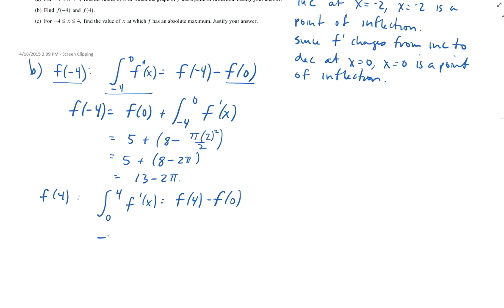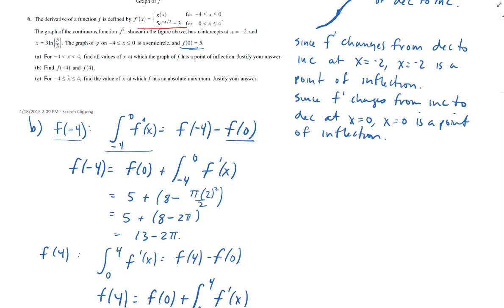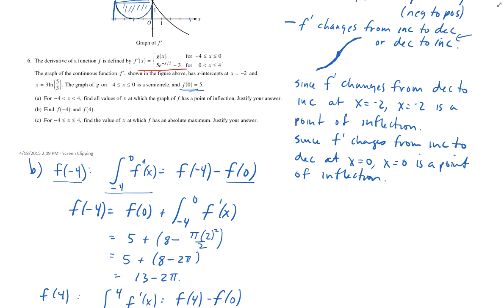So f of 4 is f of 0 plus the integral from 0 to 4 of f prime of x. And f of 0 again is 5 plus the integral from 0 to 4 of f prime of x. And the question is, do I know that?